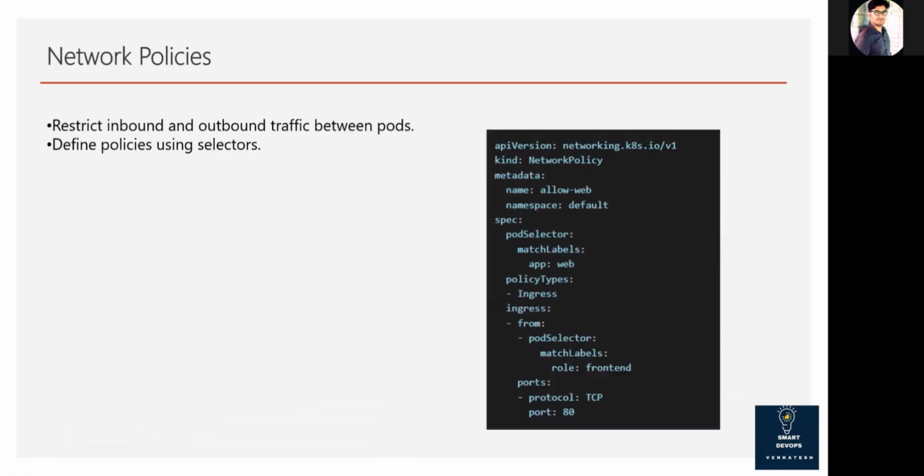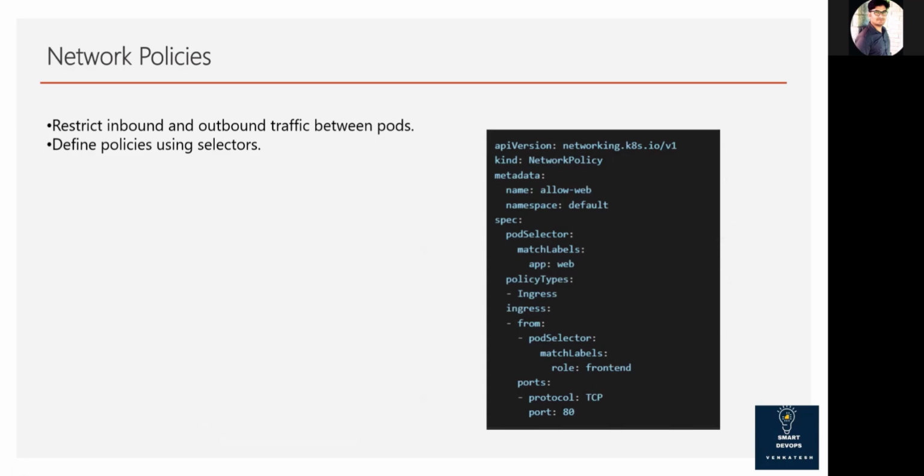Okay, next topic is network policies, which you create to restrict the traffic. That means by default we have ingress connectivity and you can connect to each pod. When you bring up any number of pods, you are able to communicate between the pods inside the cluster, which you might be aware of. So how can you restrict that?